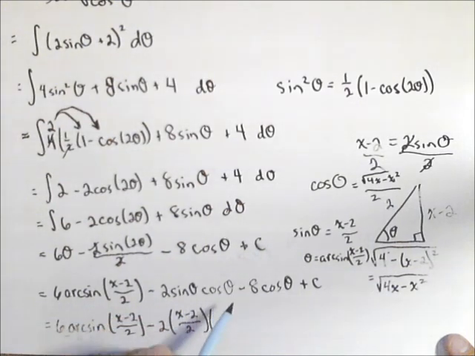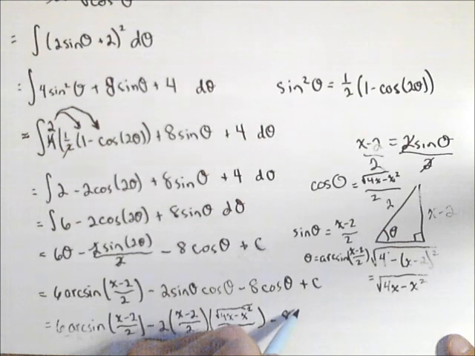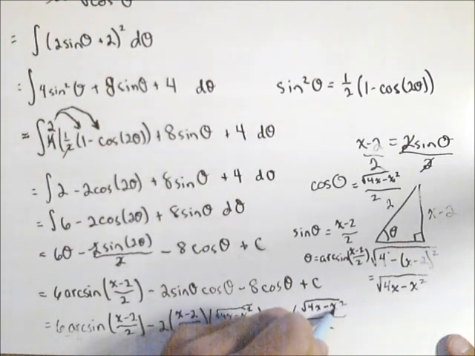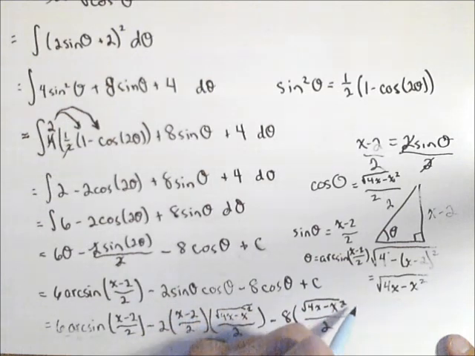Cosine theta is square root of 4x minus x squared over 2, minus 8 times cosine theta, which we just said is square root of 4x minus x squared over 2. And finally our plus c.